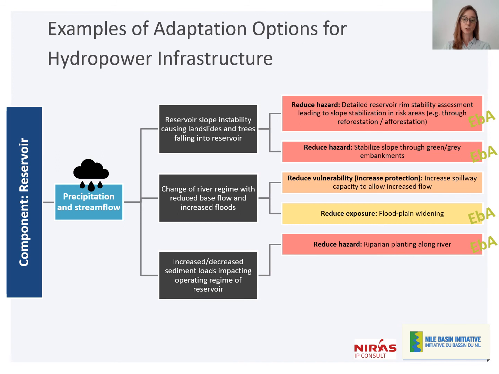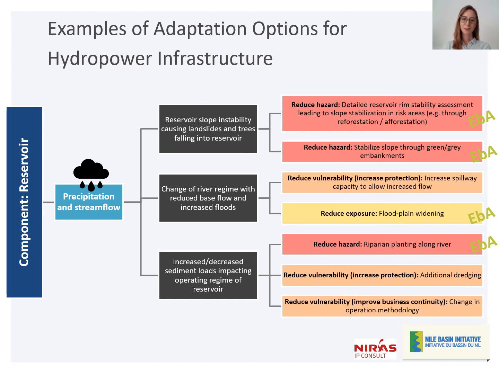One option could be to try to reduce your hazards by riparian planting along the river. In other words, planting trees along the river, which is another example of ecosystem-based adaptation. Another option could be to try to reduce vulnerability and increase protection through additional dredging. And another option could be to reduce vulnerability and increase business continuity by changing operation methodology.